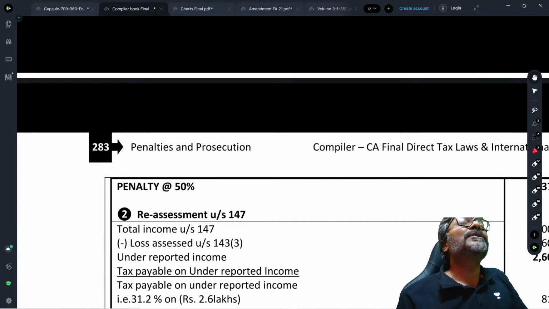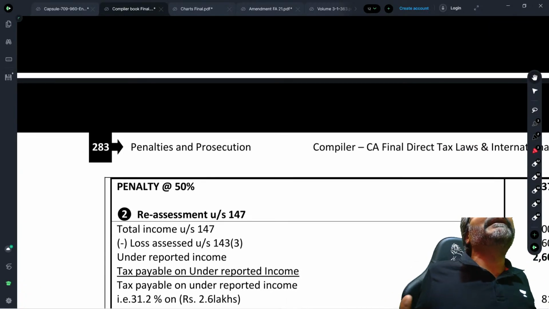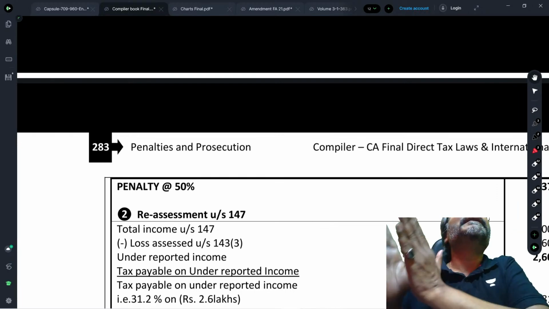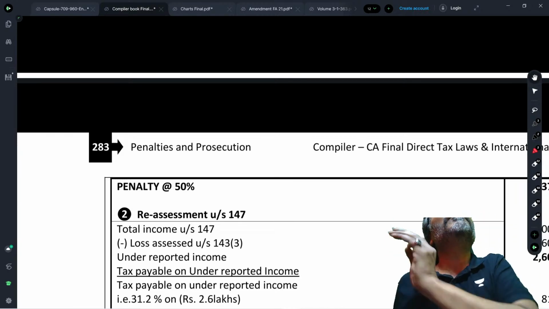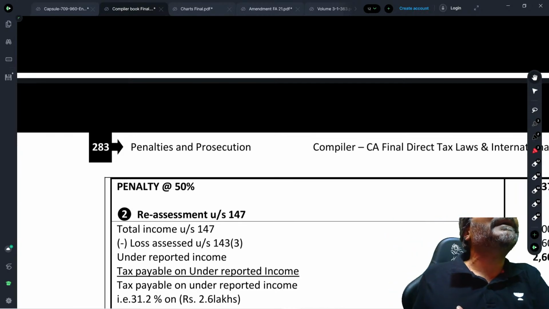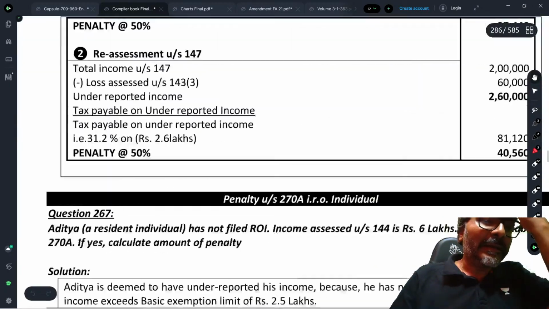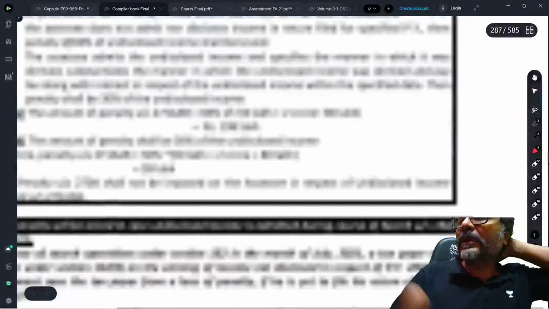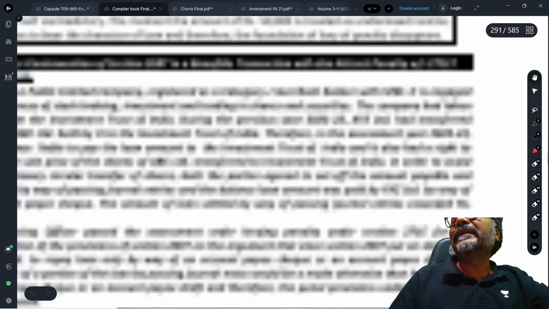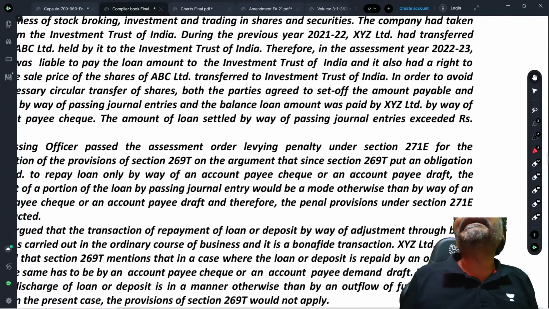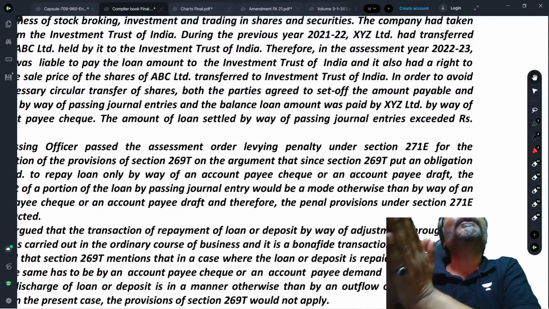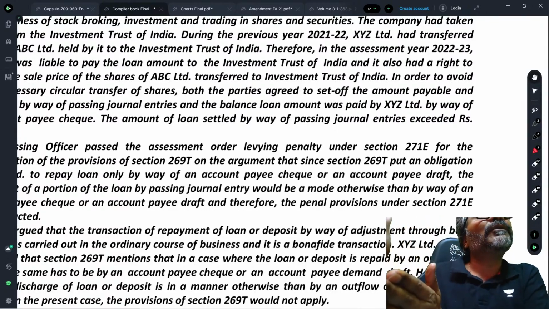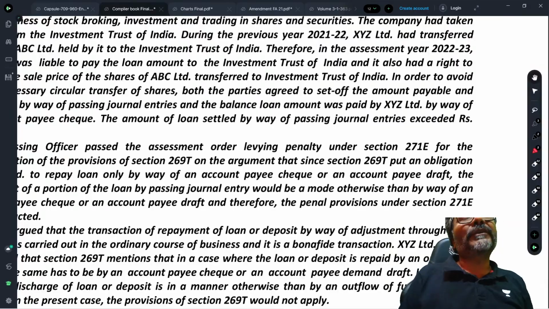And that agent should perform the following activity on behalf of the non-resident. And which is the activity? He should habitually play a principal role which should lead to the conclusion of the contract. That is point number one. Second activity of the agent happens to be, he should be storing the goods and delivering the goods as per the instruction of the non-resident.